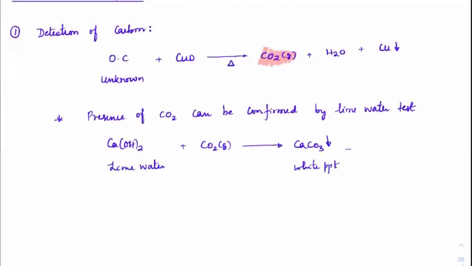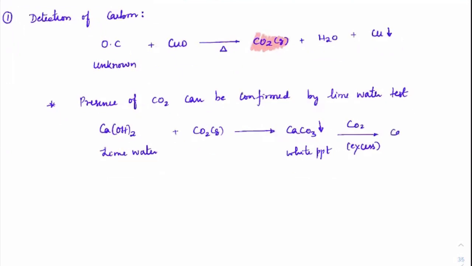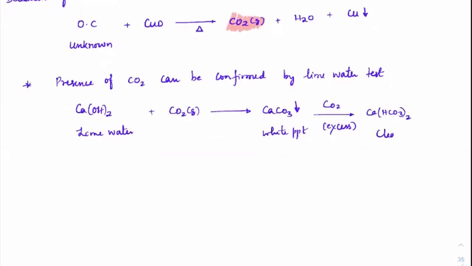On adding excess carbon dioxide, we will get calcium bicarbonate, and this would be a clear solution. So this confirms the presence of carbon or carbon dioxide in that organic compound. This is very important to understand how it has been done.